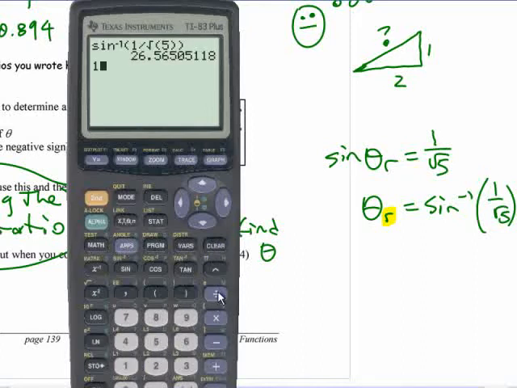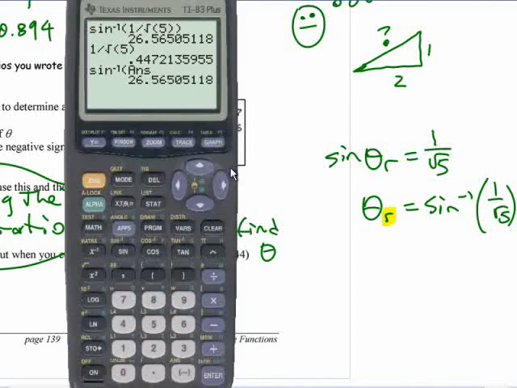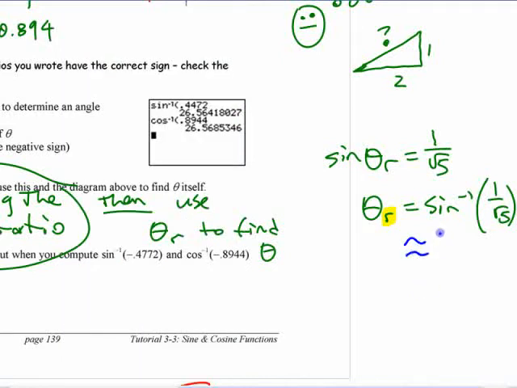The other way to do it would be to do this separately first: 1 divided by root 5, and then do sine inverse of that answer. You could do that. That gives you the same thing. That is the reference angle. It is approximately equal to 26.5 degrees.